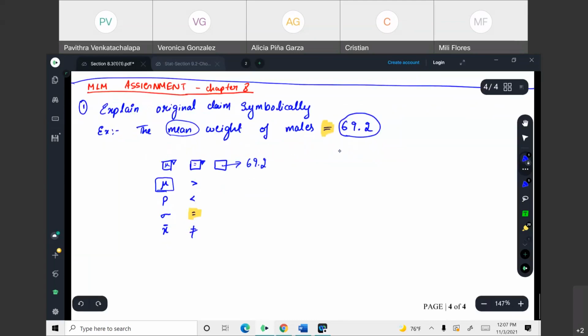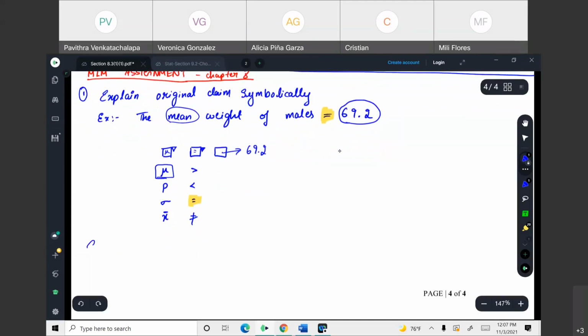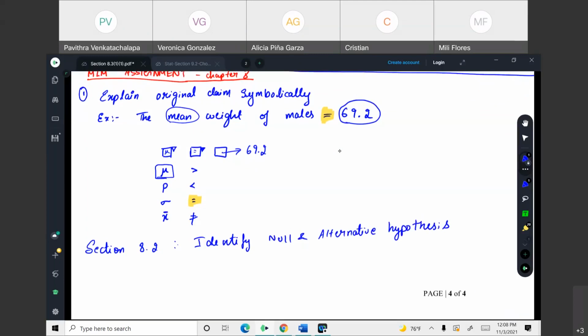Now after this, most of your section 8.2 is identifying null and alternative hypothesis. Okay, I guess most of 90% of your questions is this.